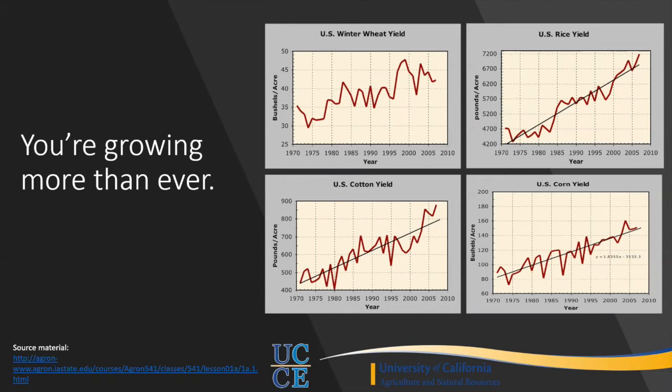As these select graphs from Iowa State show, over a 40-year course, some common staple commodities, the yield has increased drastically. This is not just the product of more efficient nutrient use, but also just improved agronomic practices, improved crop varieties, improved irrigation management, improved pest management, so on and so forth.